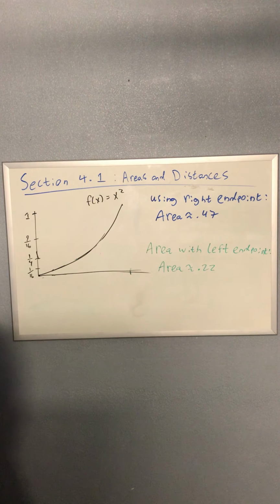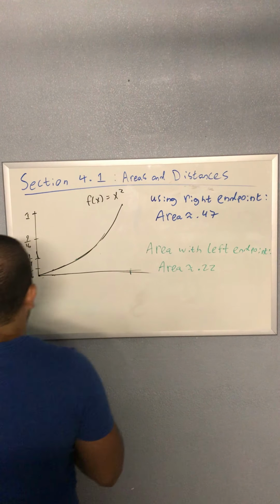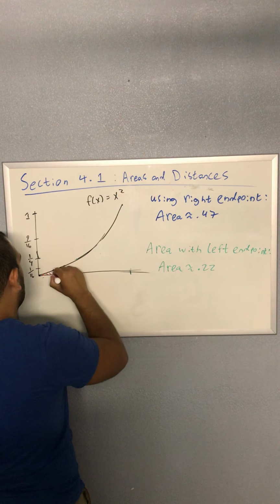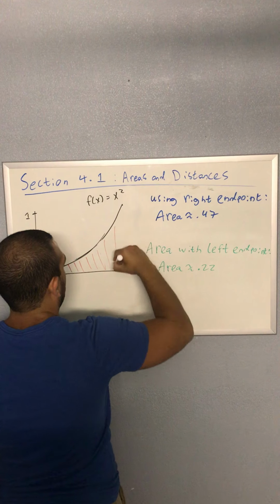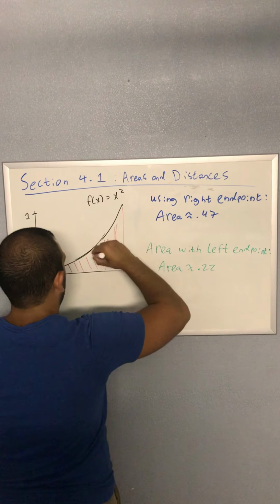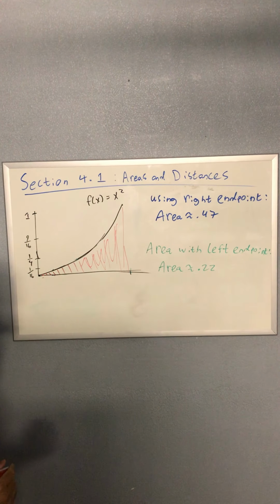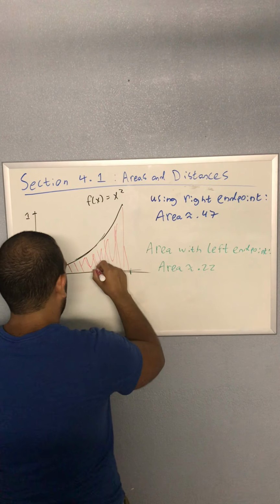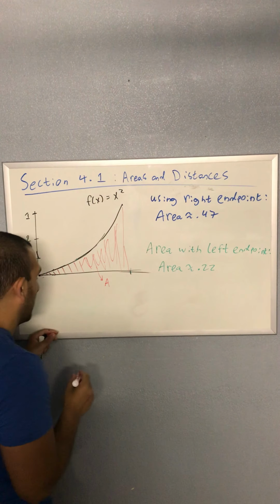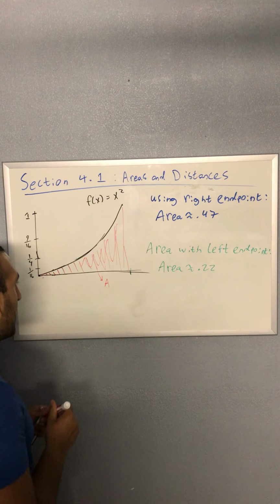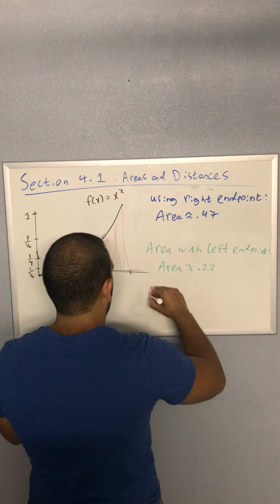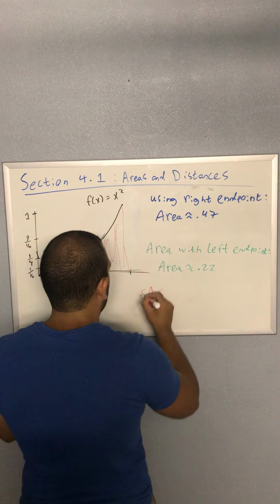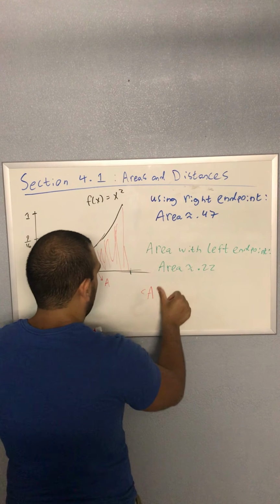The real area under the curve, which is like in red here, this actual area, which we can call A, we see that A is sandwiched between two things, right?